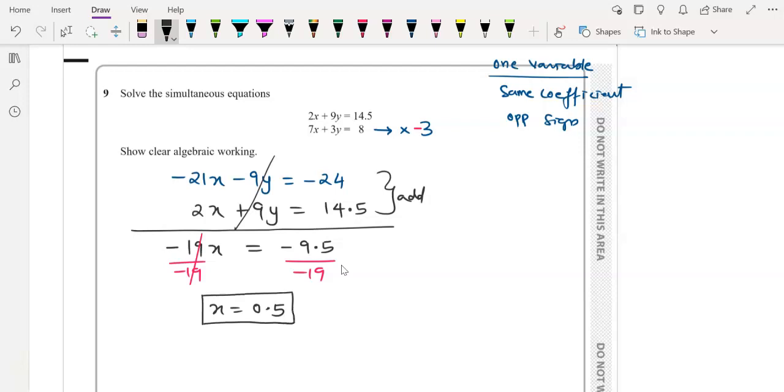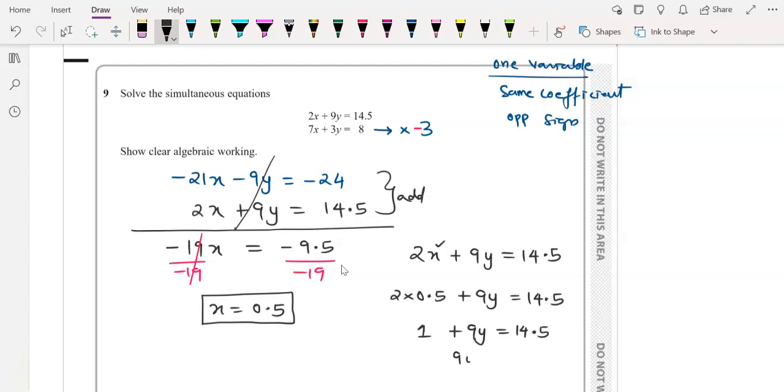Now to find the value of y, I can take any of the equations. Let's take the first equation: 2x plus 9y equals 14.5. The value of x is 0.5. So 2 times 0.5 plus 9y is 14.5. 2 times half is 1, plus 9y is 14.5.